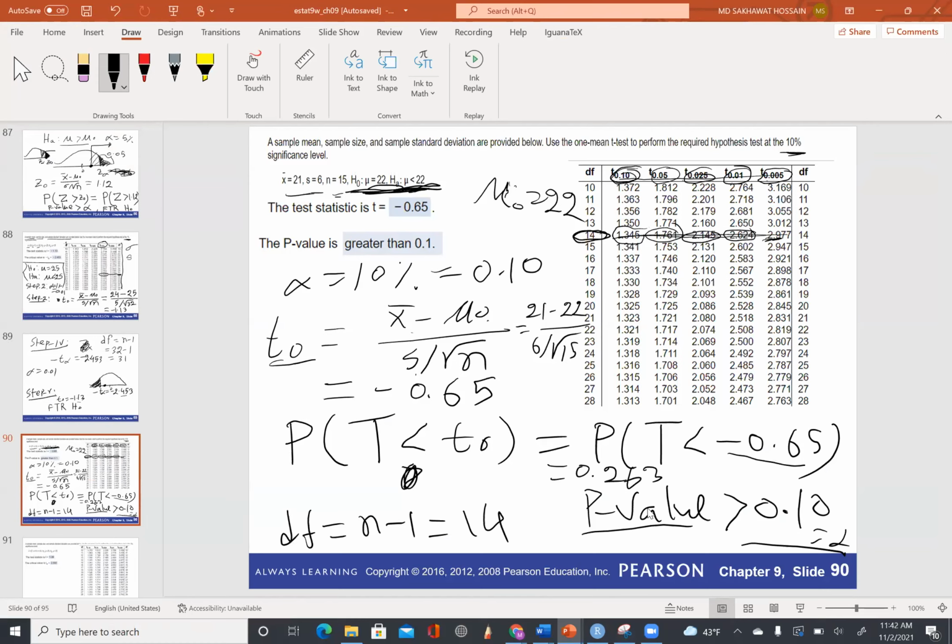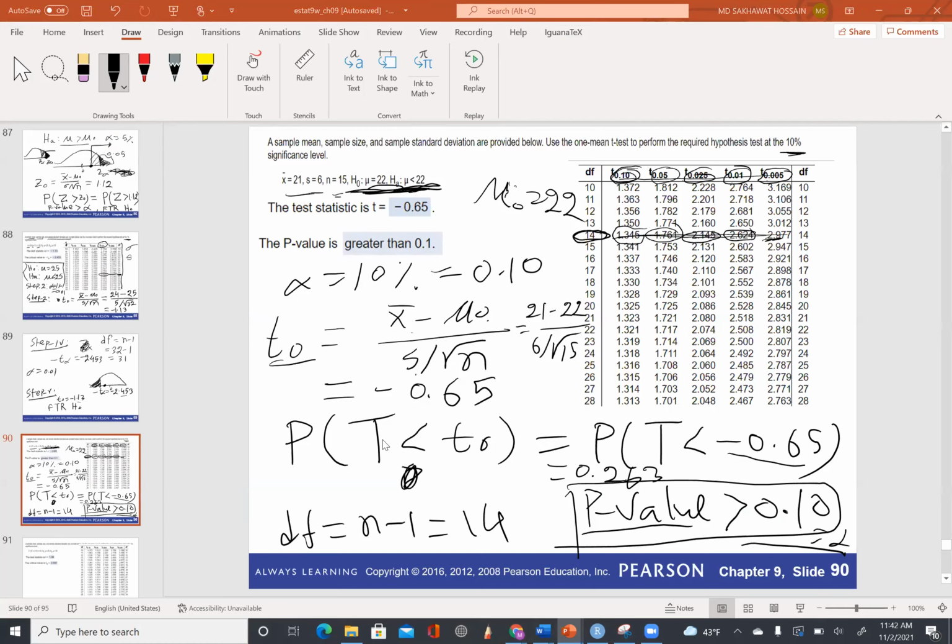So we failed to reject the null. But you can use the partial table as well, because we just need to know whether the p-value is greater than alpha or less than alpha. In this case, you do not need the exact p-value. But if you want it, you can use the calculator or the complete t-table. So we failed to reject the null in this case.